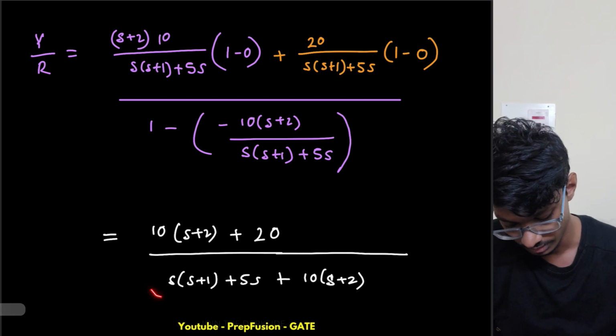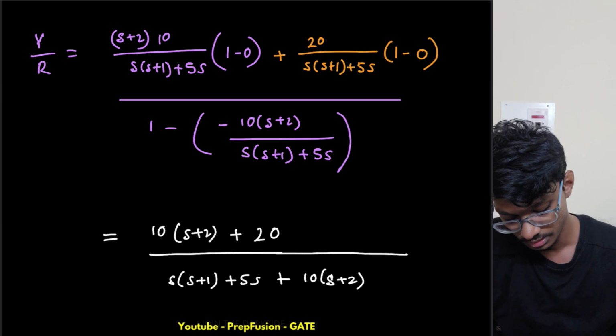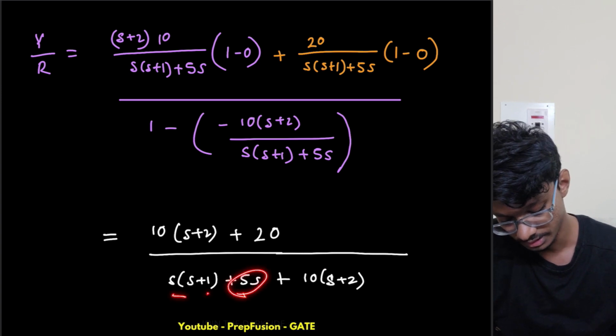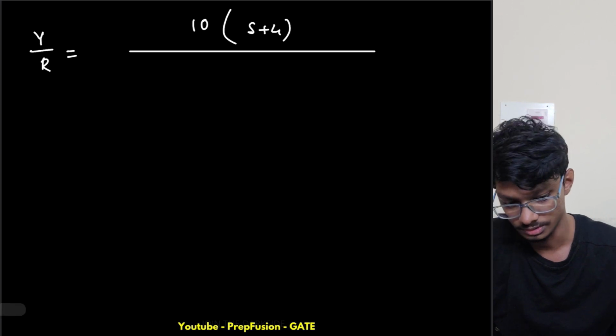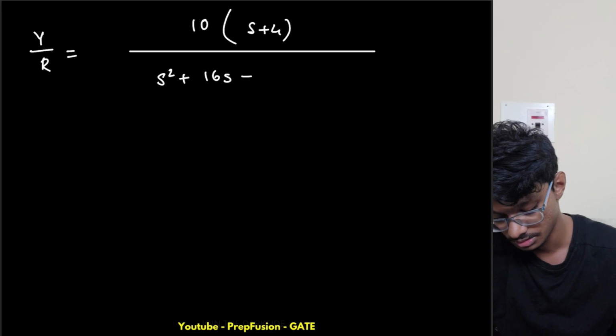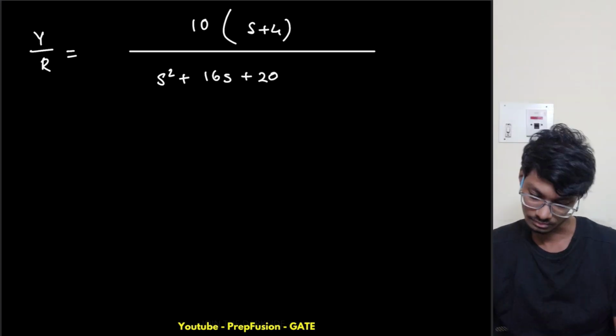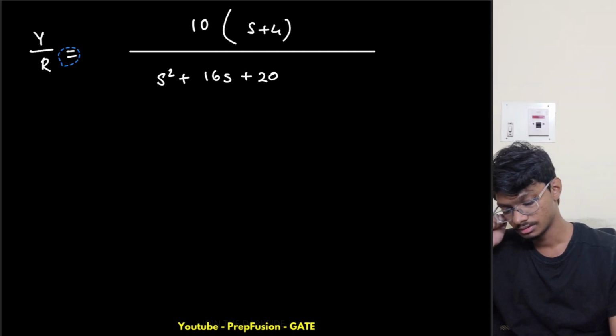We have this one. So this is s square plus s plus 6s. Again, this is 16s and this is 20. So this becomes simply s square plus 16s plus 20. This is again the same solution that I get using the simple equation technique, where n is equal to 0.